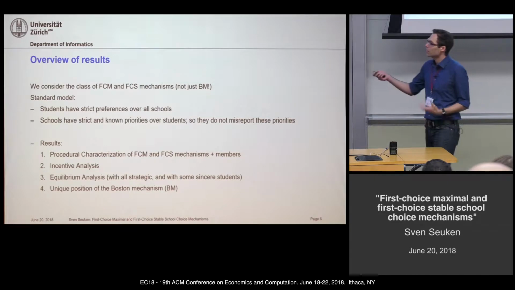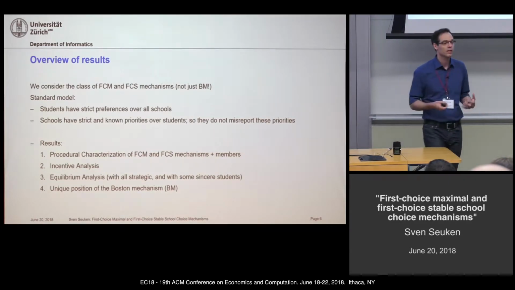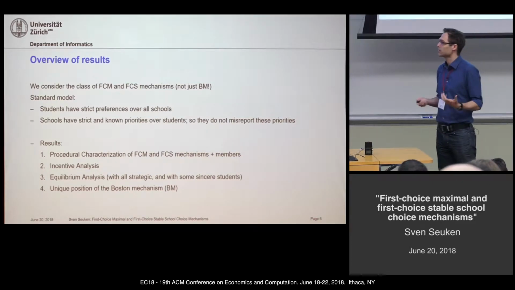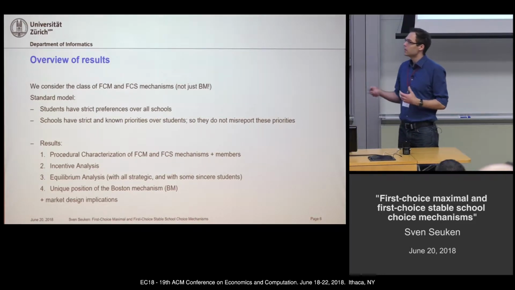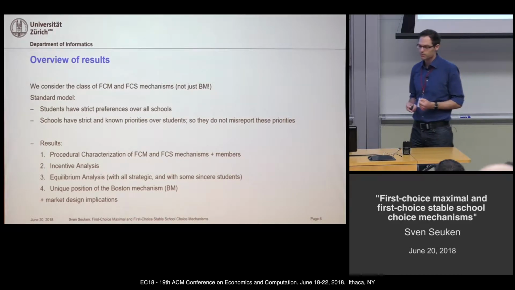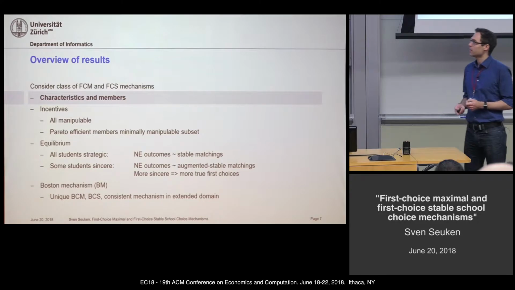And third, we show that the Boston mechanism, even though it's only one member of this class, has kind of a unique elevated position in this class of mechanisms. And as I go through these results, I will keep pointing out some market design implications from the theoretical results. Okay. So let's start with the characteristics and the members of this class.